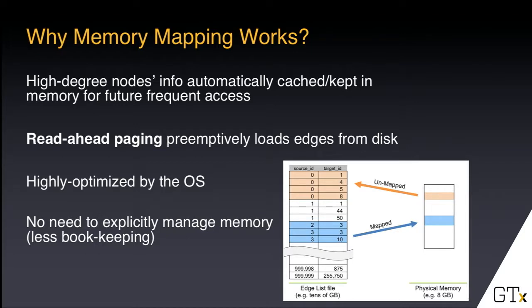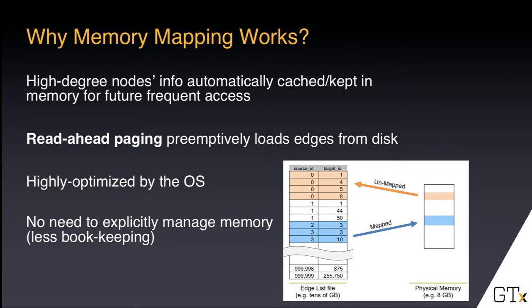And also, the virtual memory system often caches things that are used a lot in main memory for as long as possible. That is the least recently used memory management technique. And that translates into keeping the high-degree information in the memory system. That's also a very natural and desirable thing, because often high-degree nodes in the graph are also where the algorithm often accesses.